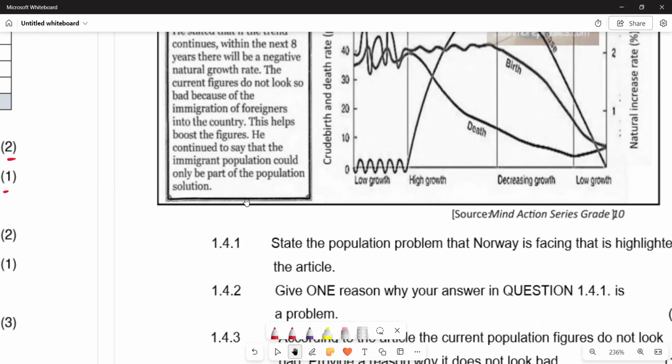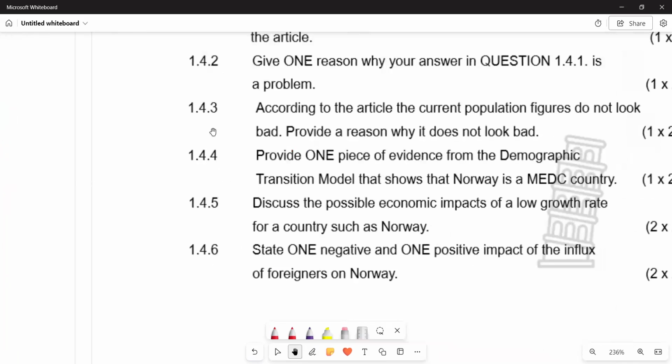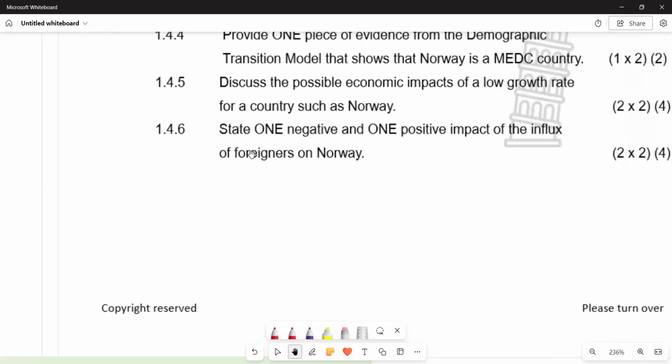Due to that, we can go to our answer section and see what it says about the problem that we can deduce from decreasing birth rate.